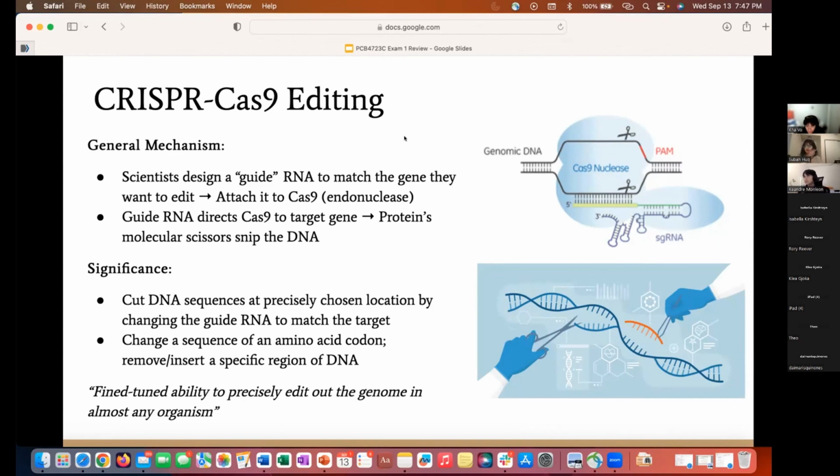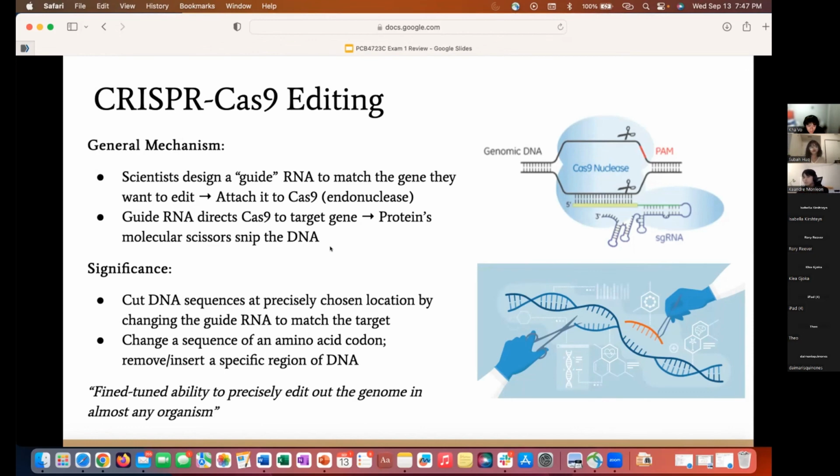They merge this guide RNA with an enzyme known as Cas9. The guide RNA directs Cas9 to that target gene, and Cas9 acts as an endonuclease. It acts like a set of molecular scissors that will cut out that target DNA.